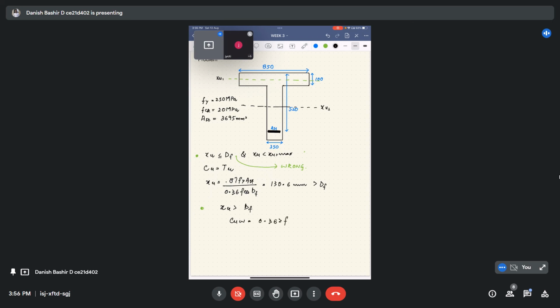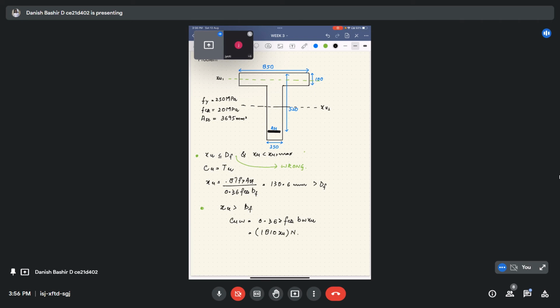CUW is 0.362 FCK BW into XU. We will calculate it in terms of XU, and substituting all the values, we will get 1810 XU. Keep in mind it is in the unit of Newton here.